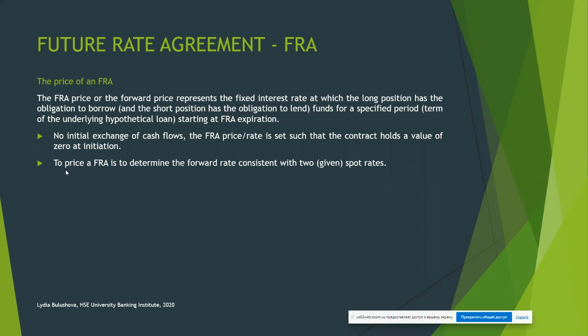The answer is the price of a FRA. To make it a more formal definition, the price represents the fixed interest rate at which the long has the obligation to borrow and the short has the obligation to lend for a specified period, that is called the term of the underlying hypothetical loan, starting at FRA expiration.